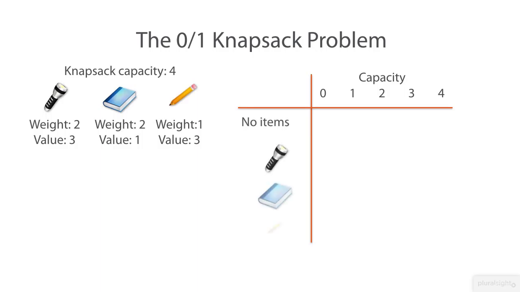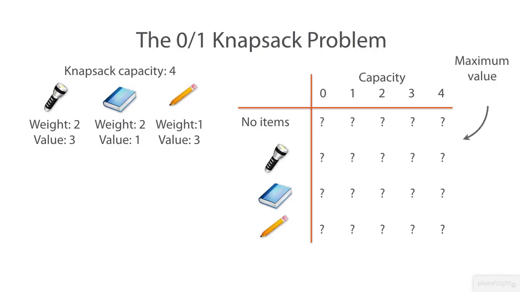We could also consider the case of including none of the items, the case of just considering one of the items, the case of considering only 2 of the items, and so on until we reach the full case of considering all the provided items. This gives us a table representing all the subproblem combinations we just talked about.